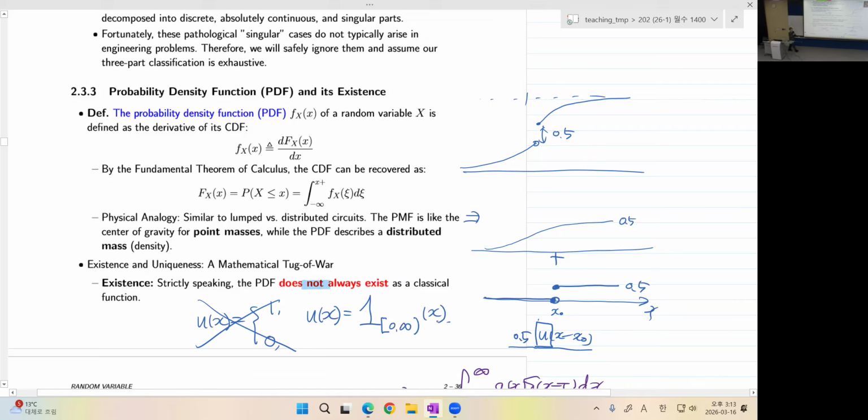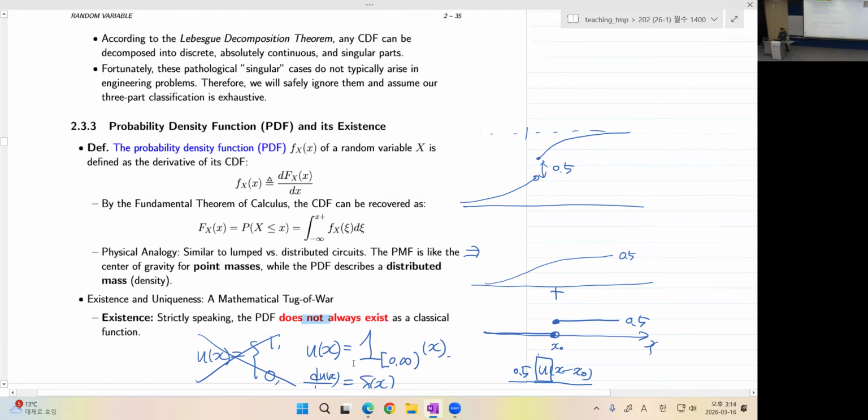What does that mean? If x is greater than or equal to 0, it's 1. If it's less than 0, it's 0, right? You know what an indicator function is. We've already covered this one. So if you differentiate this one in electrical engineering, what do we have? Delta of x. Got it?